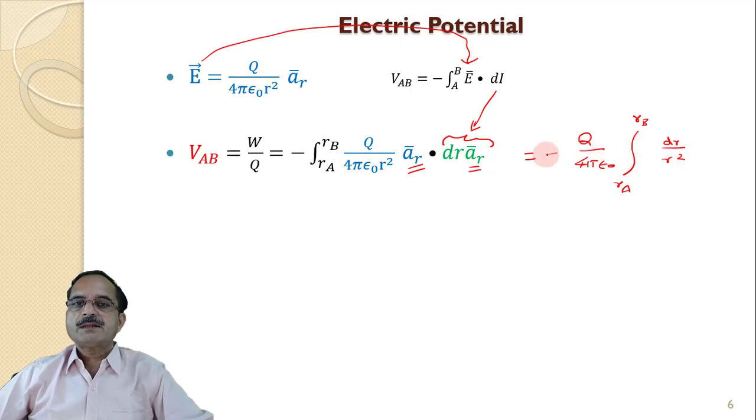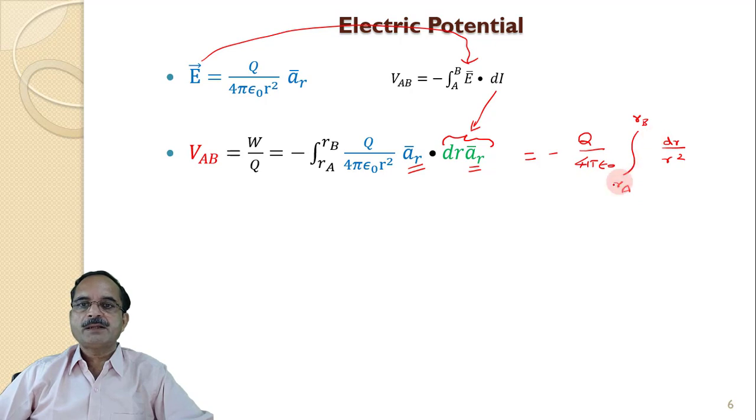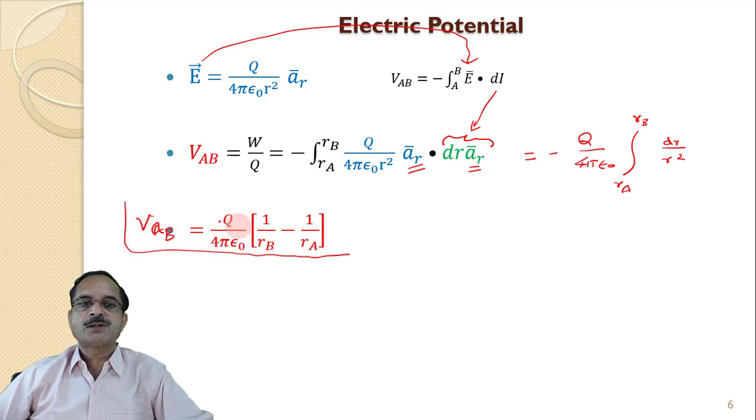So solving this integral RA to RB dr upon r square and adjusting this negative sign in the limits here, this gives me VAB as q upon 4 pi epsilon 0 times 1 upon RB minus 1 upon RA.